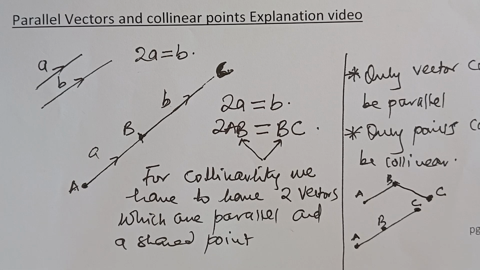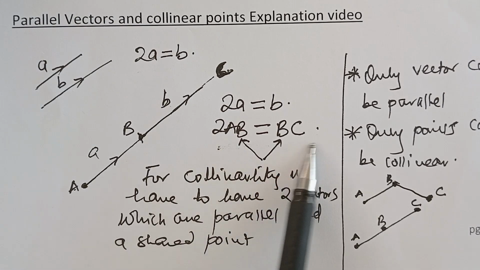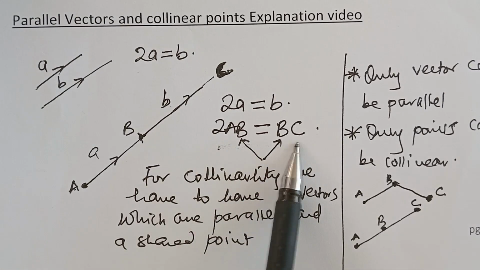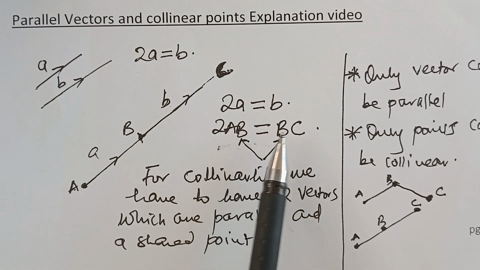And I want to repeat for the last time that for the 3 points to be collinear, we have to show that we have 2 vectors which are parallel, and for vectors to be parallel, they must be expressed as a scalar multiple of each other. And the second point, we have to have a shared point.